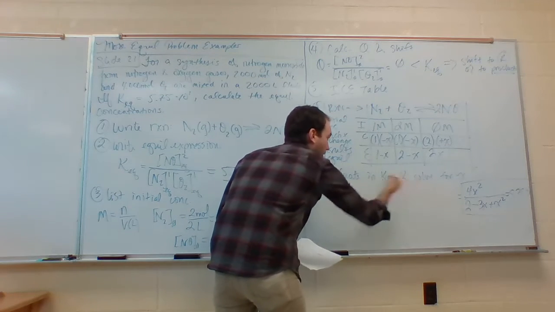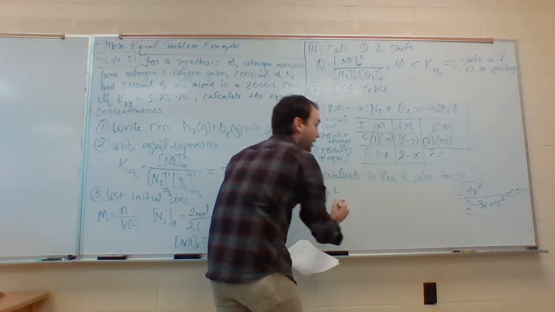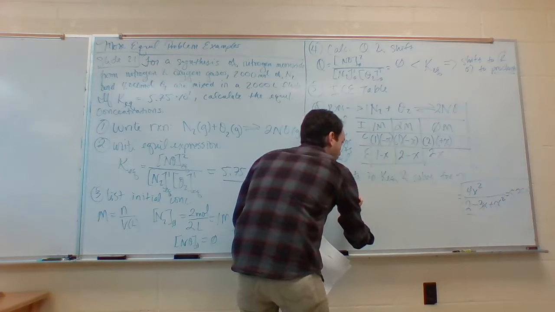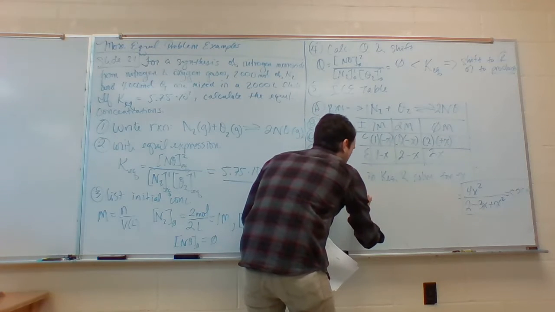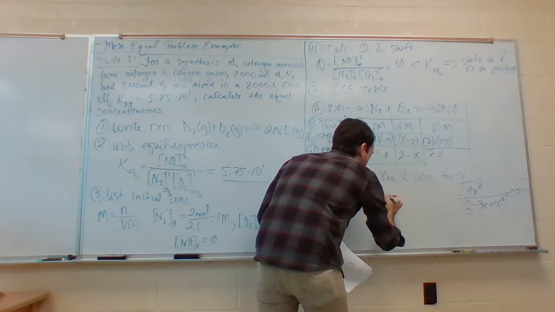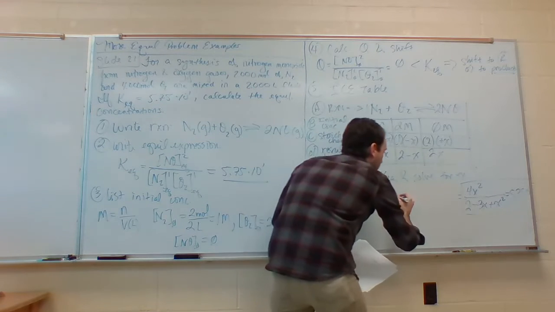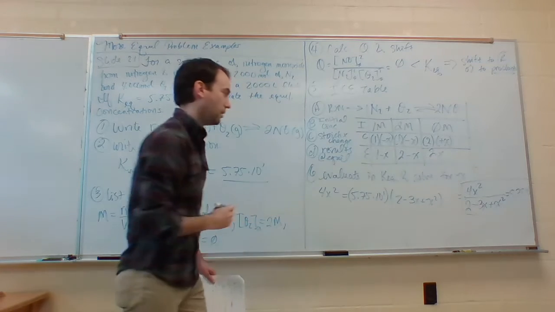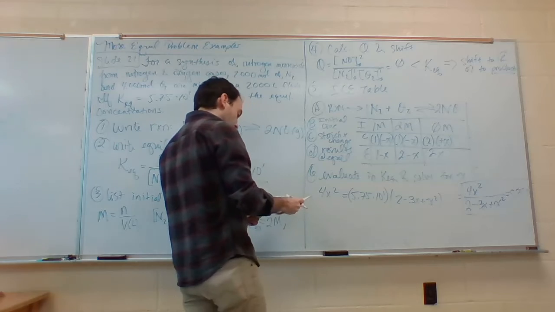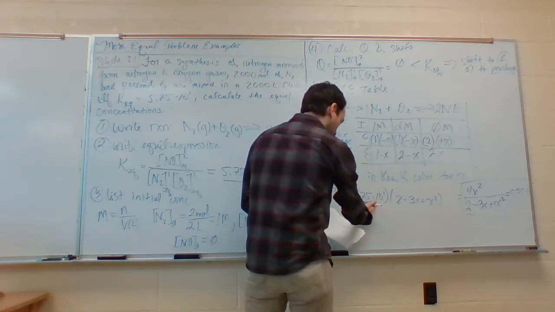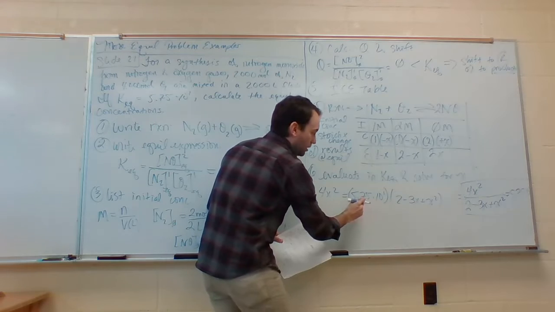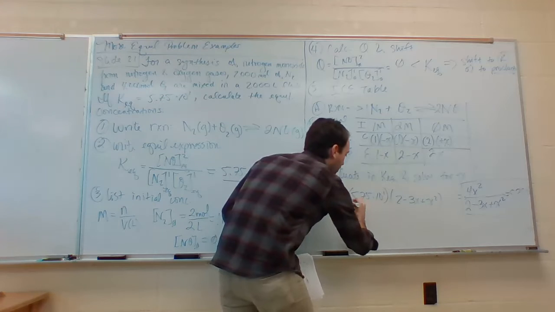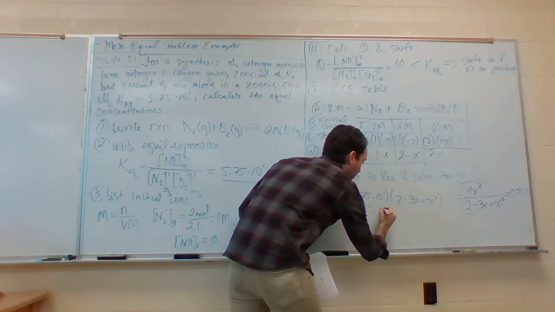All right, so I have 4x squared on one side, and then I take my denominator and multiply it by that. So then that is equal to 5.75 times 10 to the first times 2 minus 3x plus x squared. Okay? Now, if I multiply 5.75 times 10 to the first, that number is 57.5.